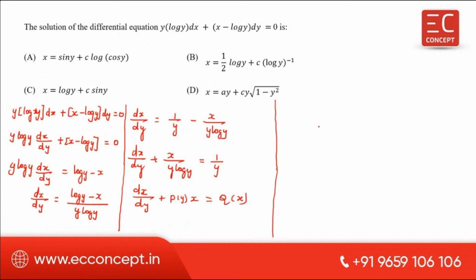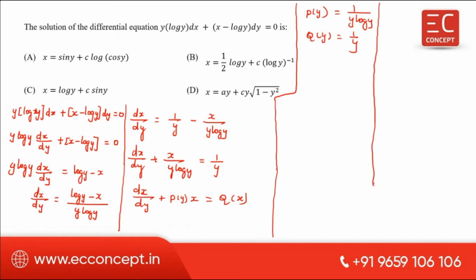Now here this is the form of the linear equation. Therefore p of y is equal to 1 divided by y log y. So x is the variable. Similarly q of y is equal to 1 by y. Now we have to do the process in order to get the value.